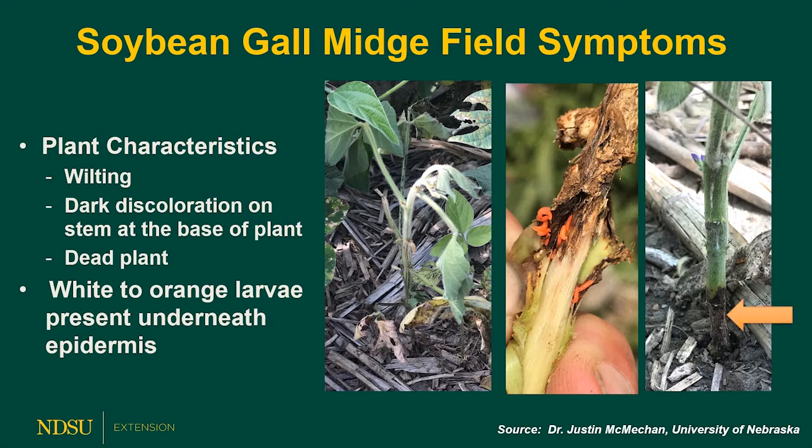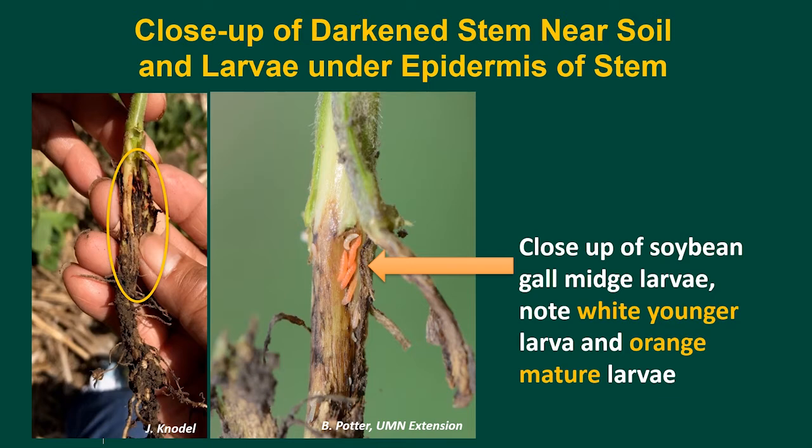If you peel back the outer epidermis, you will see the larvae underneath. Here's a close-up of the larvae. Once the outer epidermis is peeled back, you can see the younger white larvae as well as some orange mature larvae. And it's not uncommon to see different stages of larvae.